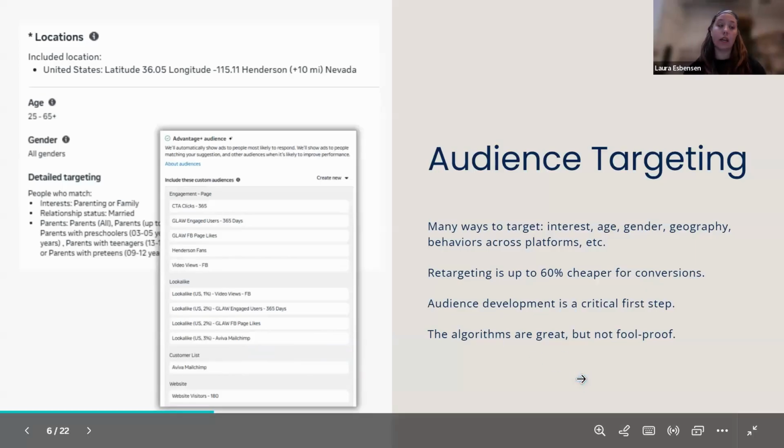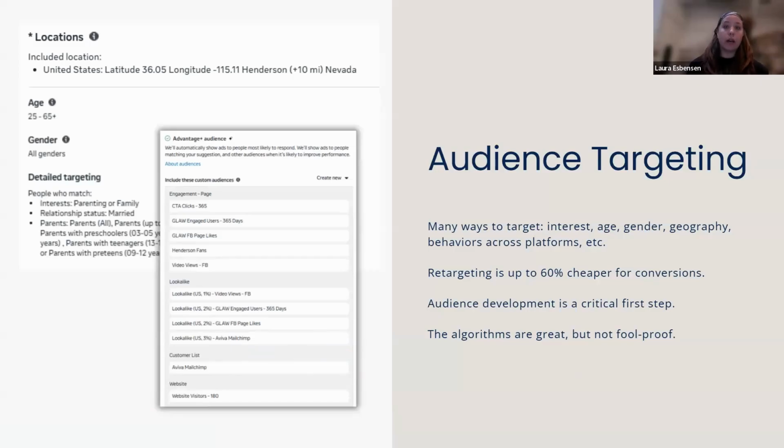Something of note here is that Meta, just like all the other big platforms, has introduced what they call Advantage. Basically, it's their algorithm to go out and find the right people to engage with your ad for whatever the goal is. It's important to remember that while these algorithms are scary good, they're phenomenal, they are not foolproof.